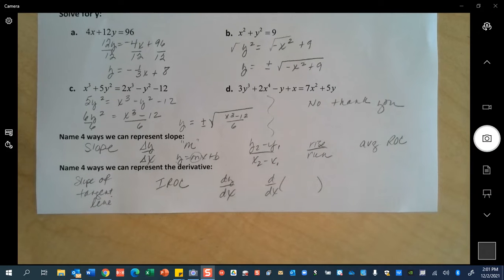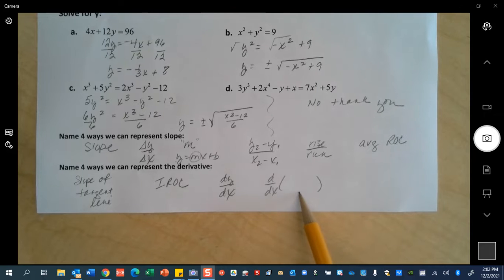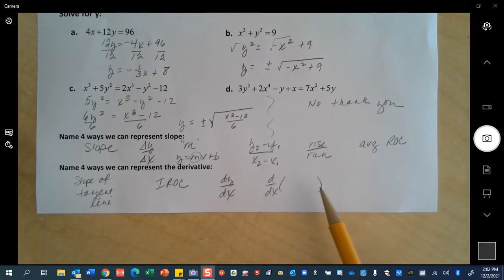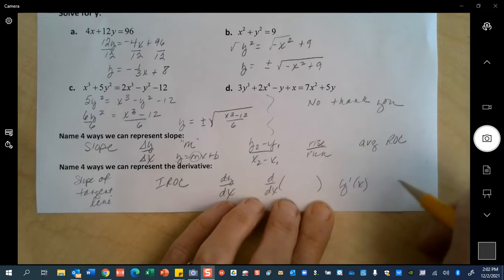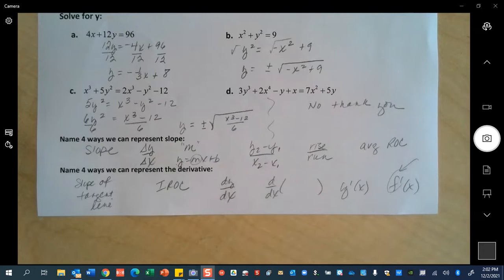Flip over on the back. Each of those d over dx is because I have a function that I'm simplifying. So yeah, that is a notation. I just need a function that has x as the input value. Anybody give me a y prime? Anybody give me an f prime, or for that matter, any letter of the alphabet, right?